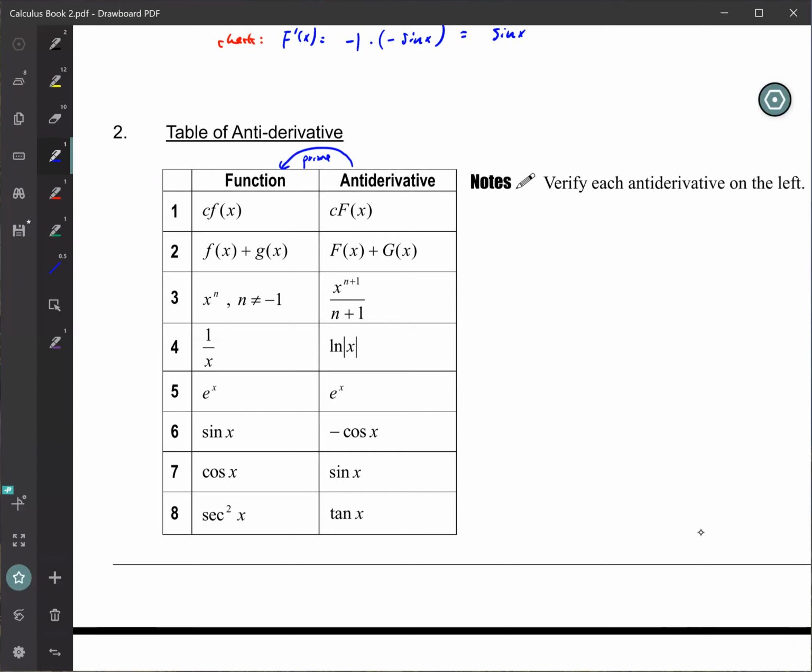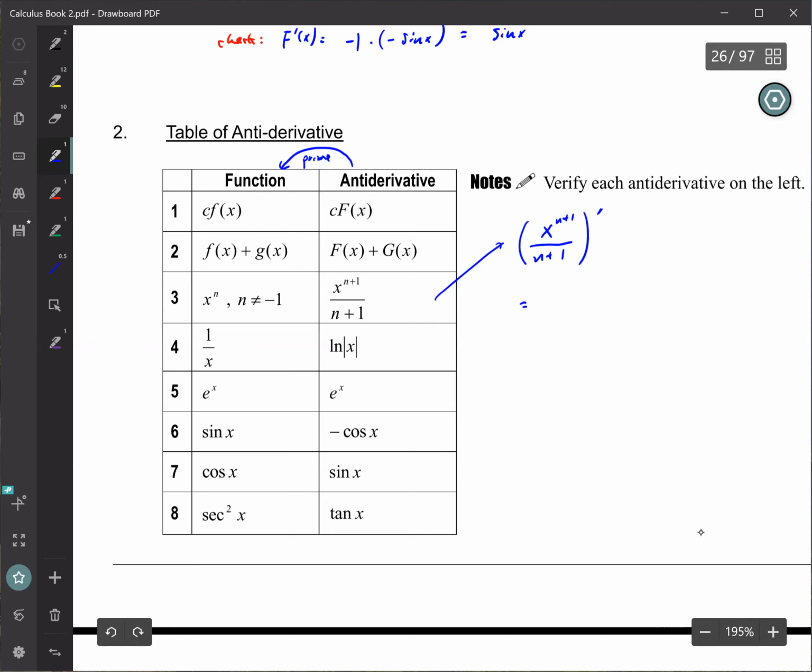Now for the third one, let's actually prove that one, or check that one. So if I have x to the n plus 1 over n plus 1, where n is a number, and I want to prime that, you can use the power rule.